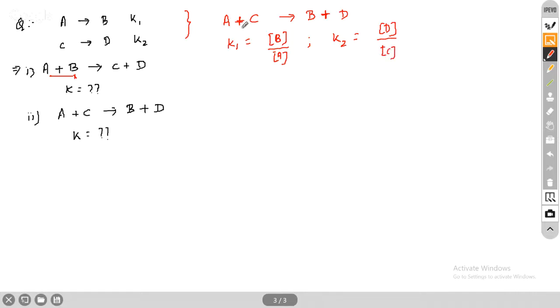And for this reaction, the equilibrium constant K is equal to the concentration of B into the concentration of D divided by the concentration of A into the concentration of C, right? Now you see B by A is K1 and D by C is K2. So K is equal to K1 into K2. This is the relation we have for K1 and K2.